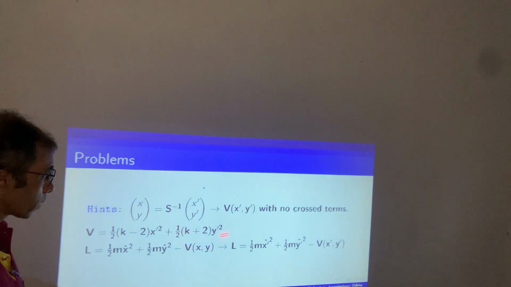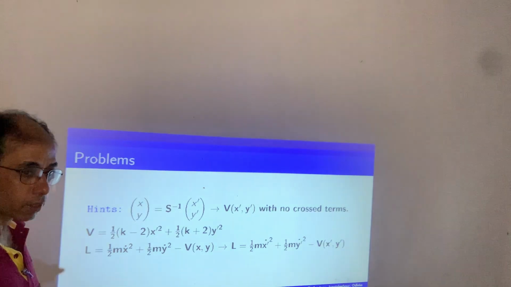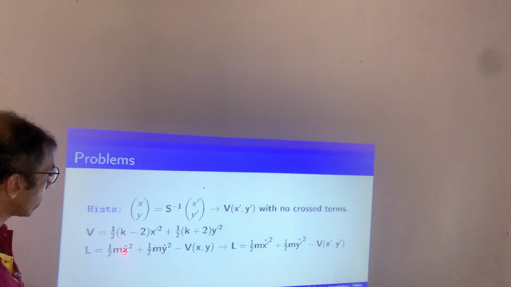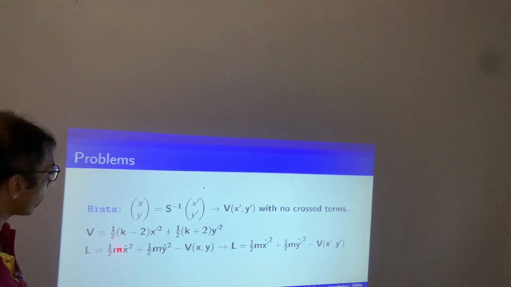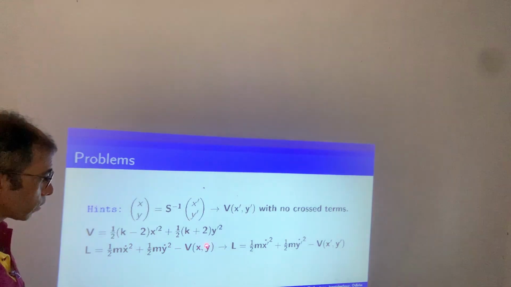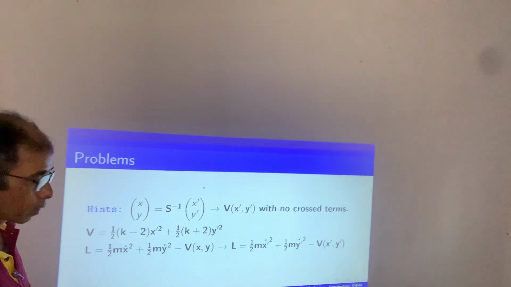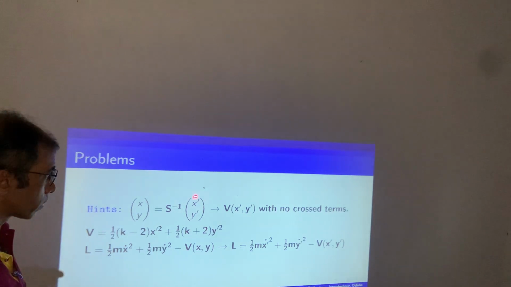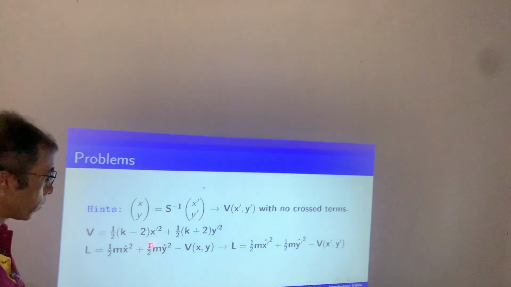And once you have this, if I write down the Lagrangian of this system, the Lagrangian will be half m x dot square plus half m y dot square minus bxy. Now if I go to the new coordinates, then this Lagrangian will have this form. Check yourself.